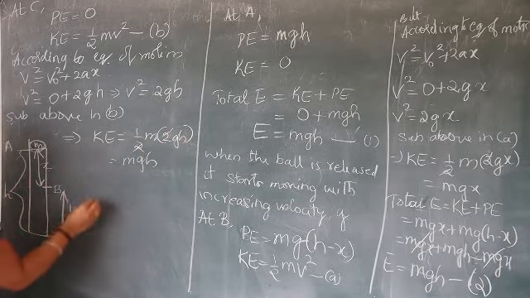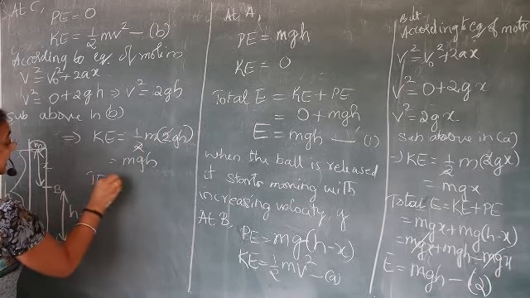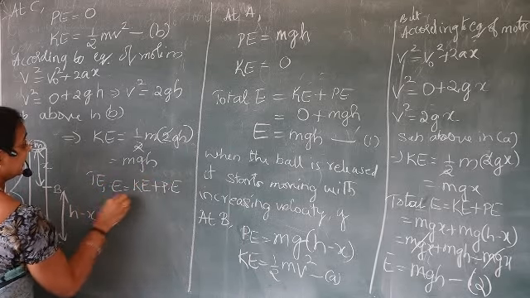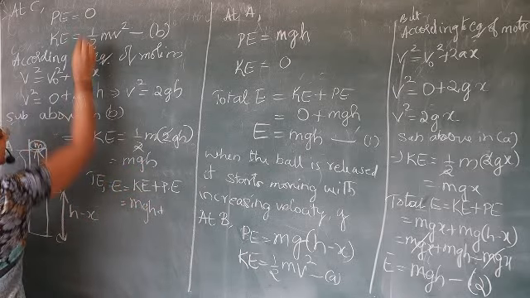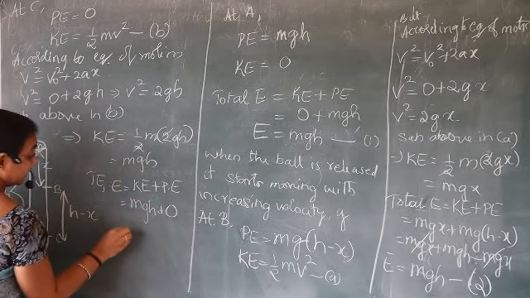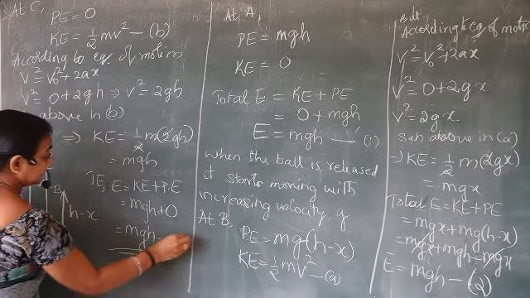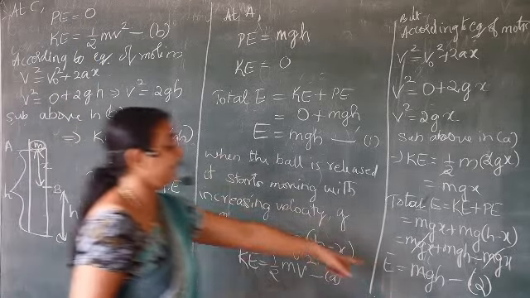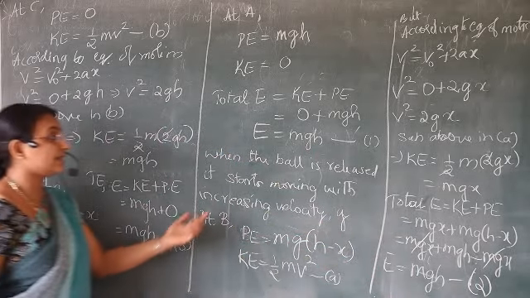Therefore, at the point C, total energy E is equal to kinetic energy plus potential energy. Kinetic energy is mgh plus potential energy is 0. Therefore, total energy is mgh. Let us mark it as equation number 3. Now compare equations number 1, 2 and 3. Are the expressions the same?